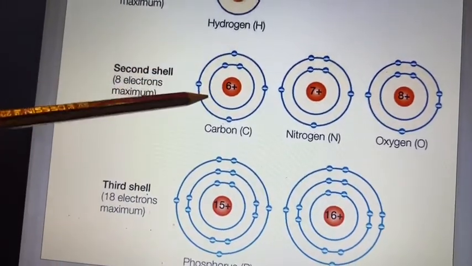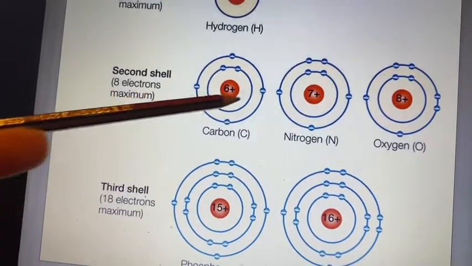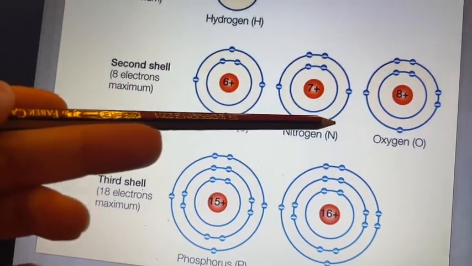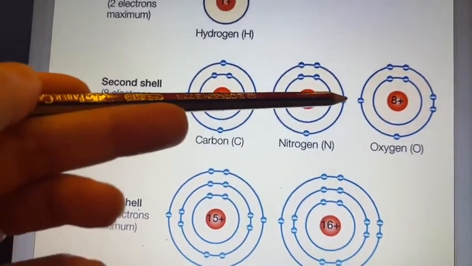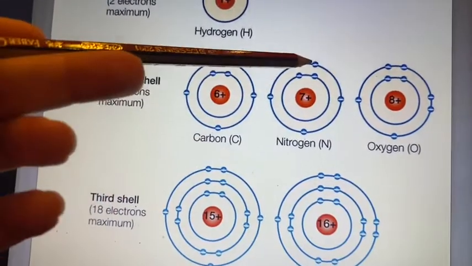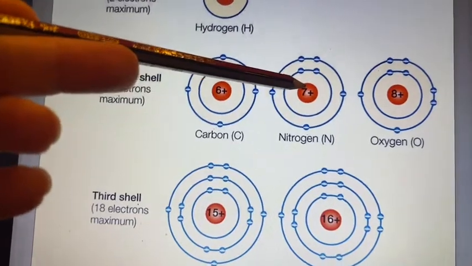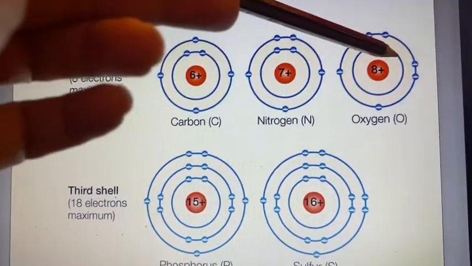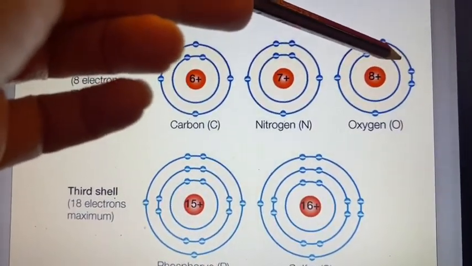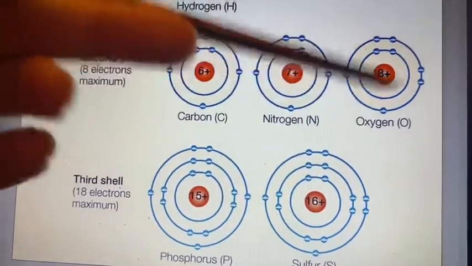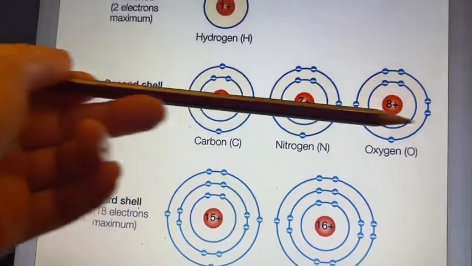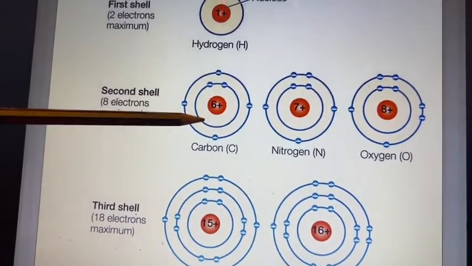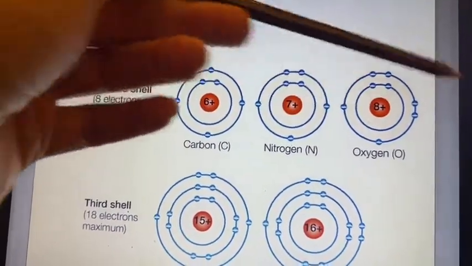Go to nitrogen, it's in the same period. How many electrons in the outer shell? 1, 2, 3, 4, 5. So it gained 1 electron. Here it will gain another 1 electron. It becomes what? 6. So going from left to right in a period, the number of electrons will increase by 1.